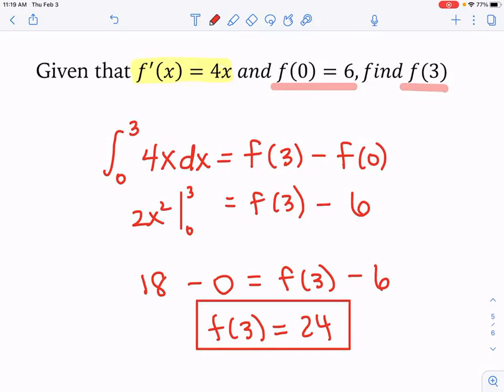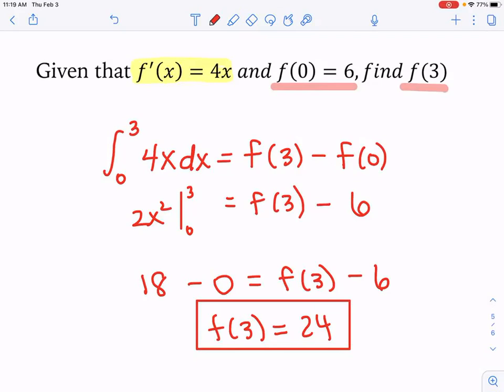Now, you can do it either way, except for when a calculator is the only way you can take an antiderivative. Since this is a definite integral and our calculators can do definite integrals, if I were to give you some derivative that we can't find the antiderivative for, we would have to use this so that we could use our calculator for this left side.